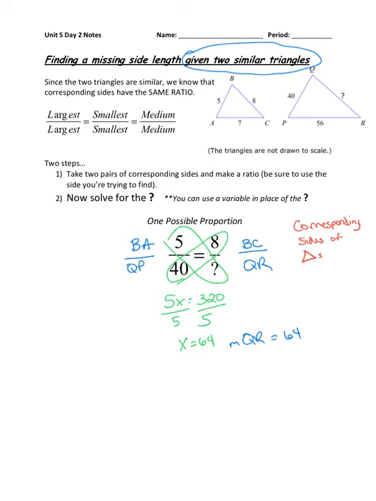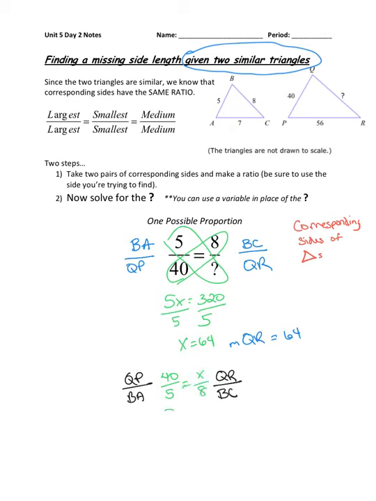Now, I'll be honest with you. It doesn't matter what you put on top and bottom. Let's play around a little bit. Let's do it a different way. Let's do QP over BA and QR over BC. And I'll put my numbers in. So QP is 40 over 5 equals x over 8.